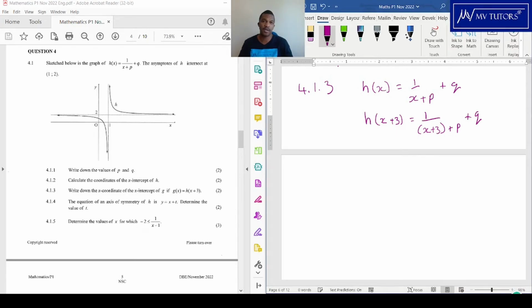Because remember, we changed the sign for it. So if we look at this, originally, they're talking about the x coordinate of the x-intercept. Currently, our x-intercept, which we just solved, is equal to a half. But now it's going to shift towards the left by 3 units, which means we must subtract 3 from that half.